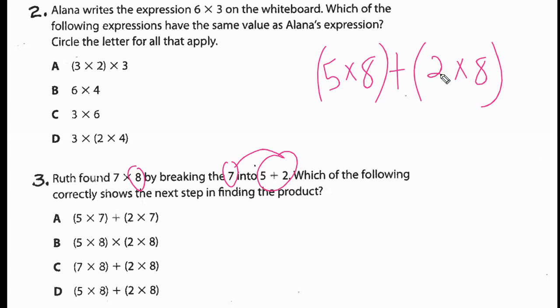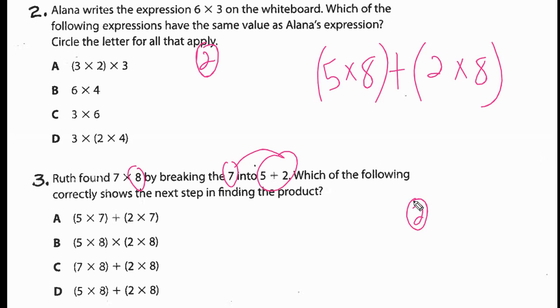So which one of these actually looks like one of the answers? B, yes. Or D, yes. So number 2, you'll have 2 answers, and number 3, you will also have 2 answers. So make sure that you circle both of them.